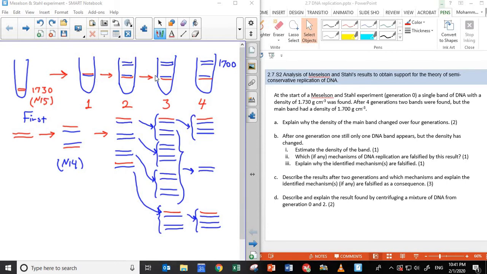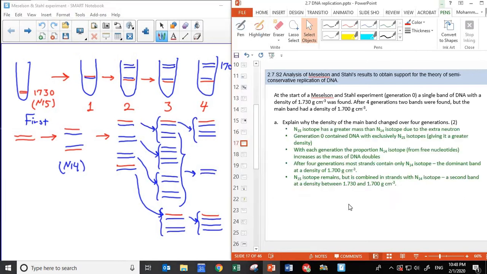And then after 4 generations, the density of the band is no longer here, and it is located at the middle and in the top. Why has this happened? Pause the video and answer the question.